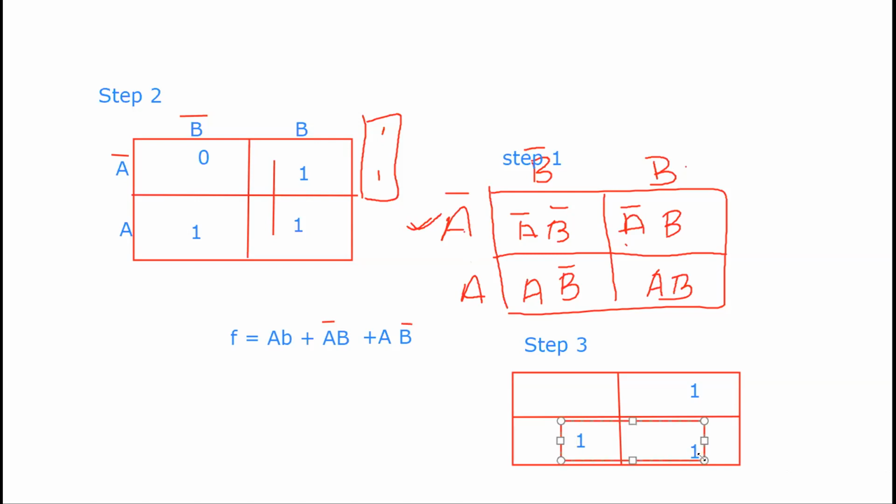Now this is the one group and this is the second group. Clear? And the common between these two groups, you can extract it. Clear? Now I am going to the slides.